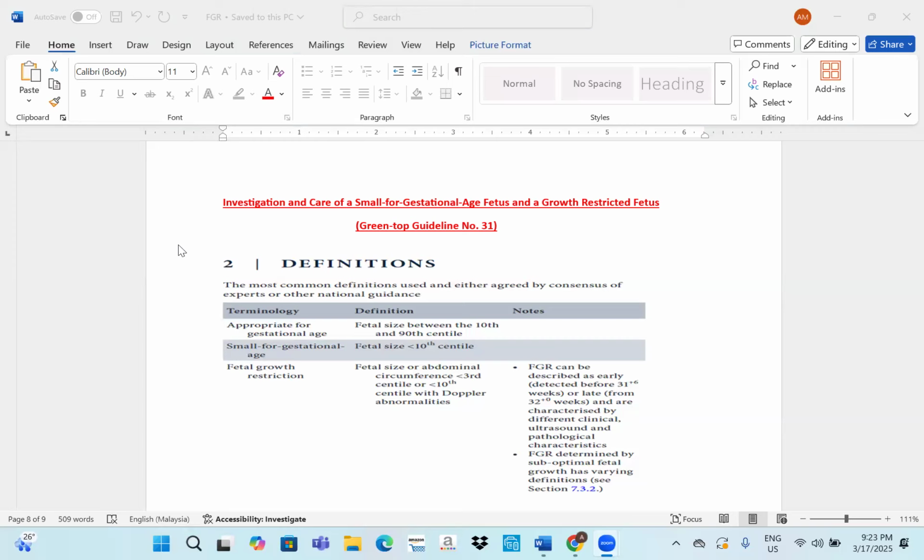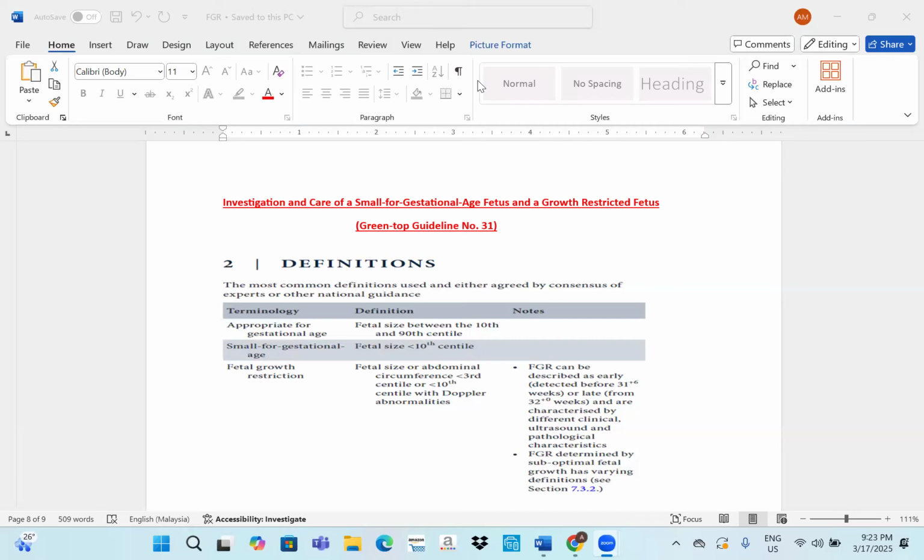So what are these Doppler abnormalities that we will study one by one? Now coming again, appropriate is between 10th to 90th centile. The small is just the fetal size, that is the abdominal circumference or the fetal weight less than 10th centile. The growth restriction is either one of the following.